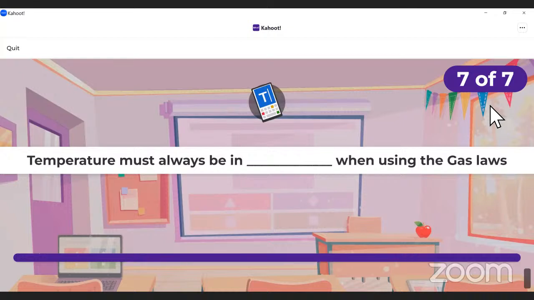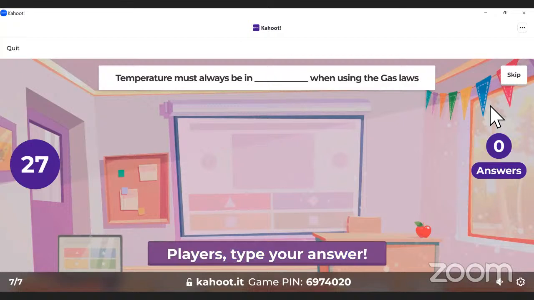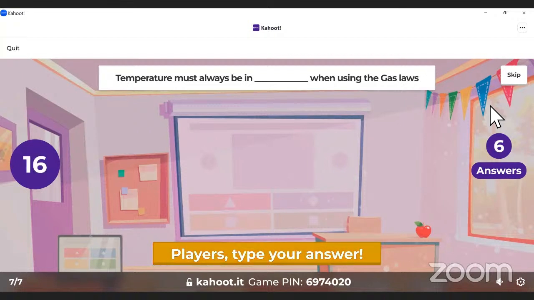Spell it properly, yeah? Lowercase or capital? Lowercase. Can't believe I have a calculation there, boy.